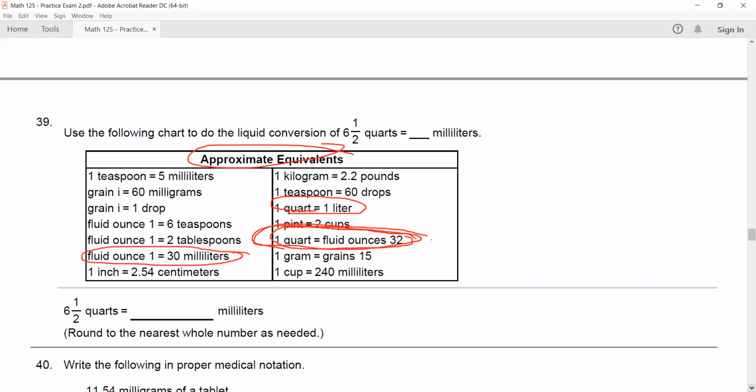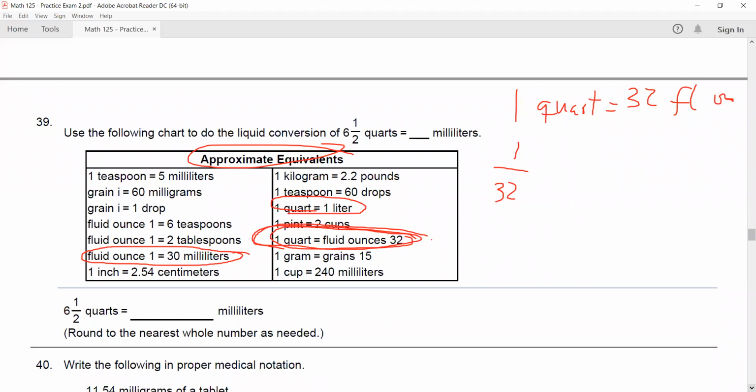So let's see what we got. First of all, we know that 1 quart will give us 32 fluid ounce, right? So we could create a ratio with this. So watch what I'm going to do, 1 with 32. The 1 on top is the quarts, the 32 at the bottom is the fluid ounce.